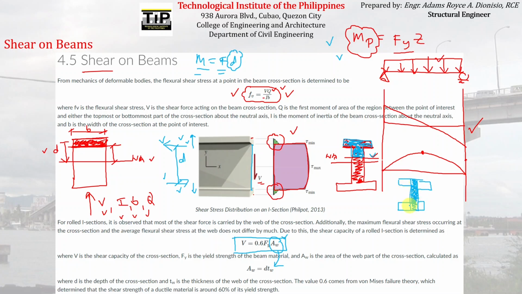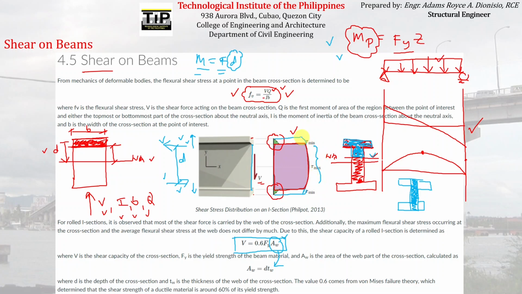Okay, so meaning we assume that this shear stress acting here will actually extend onto this portion of the flange. Okay, so we use that concept since the average shear stress here, if we try to find the average, you can see the shear stress acting on the web is not actually constant.